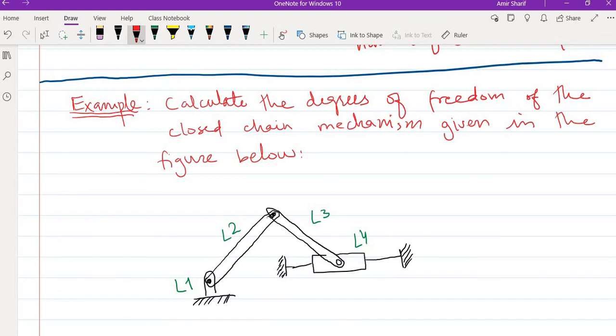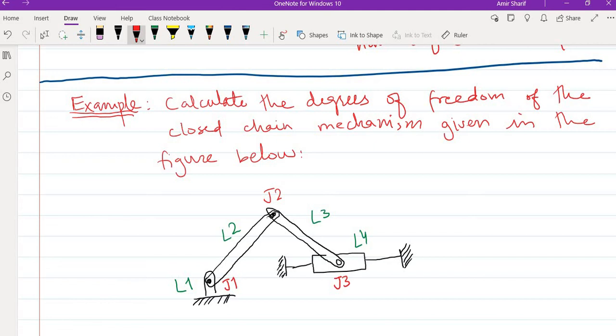To number the joints, we have joint 1, which is a Revolute joint, and then joint 2, which is again a Revolute joint, and then joint 3, which is again a Revolute joint.